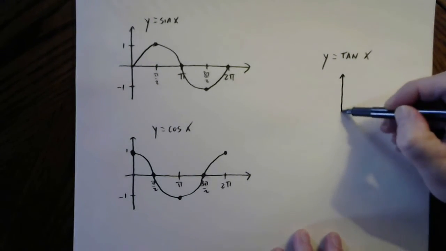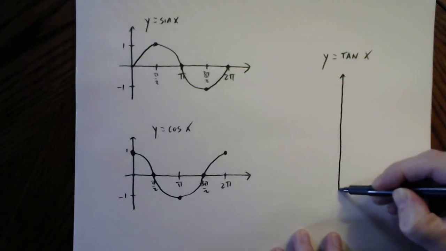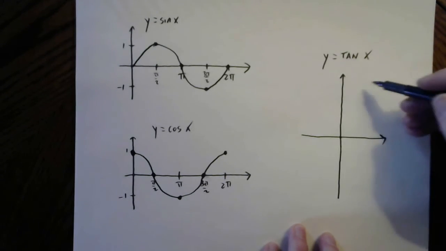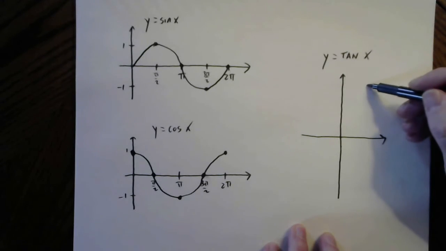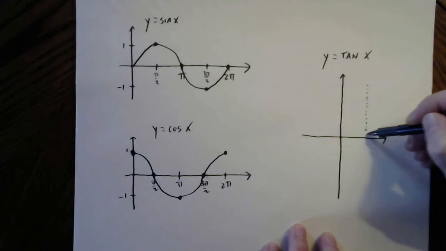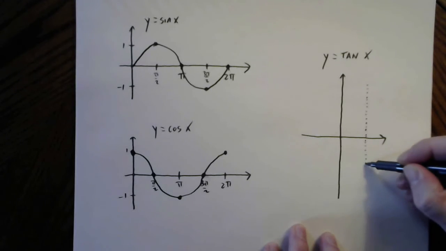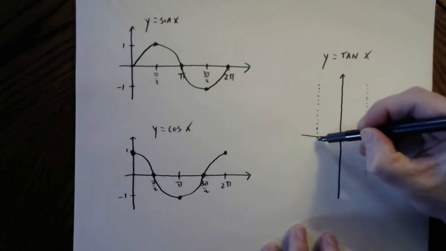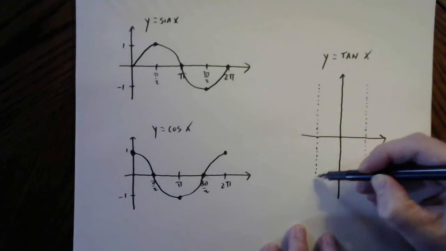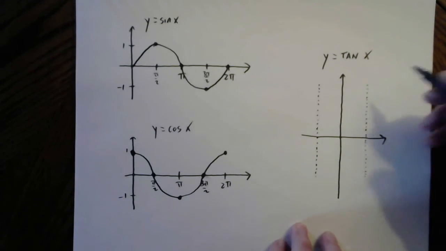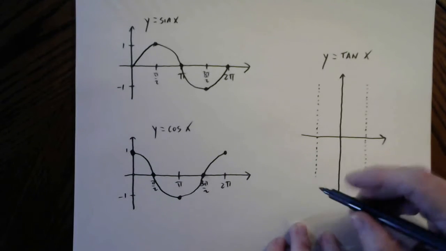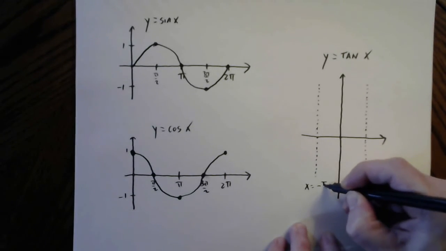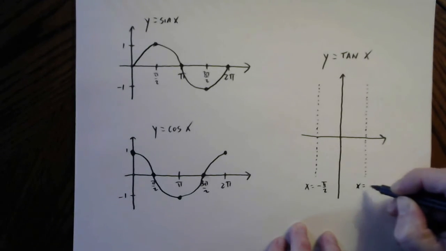This is a little bit different. We're not going to talk too formally yet about what this dotted line is. That will come later. These dotted lines are what we call vertical asymptotes. They're not part of the curve. This one is at -pi over 2, and this is at +pi over 2.